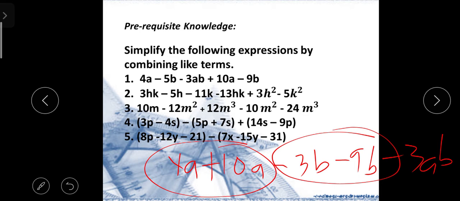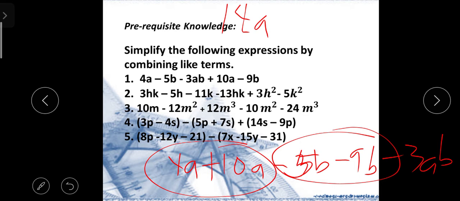4a plus 10a is equals to 14a. Negative 3b minus 9b. Ilan? Ito oh, di ba negative yung sign? Ay, sorry. Ano ba yan? Ba't ba 3b yung sinulat ko? Negative 5b minus 9b pala.